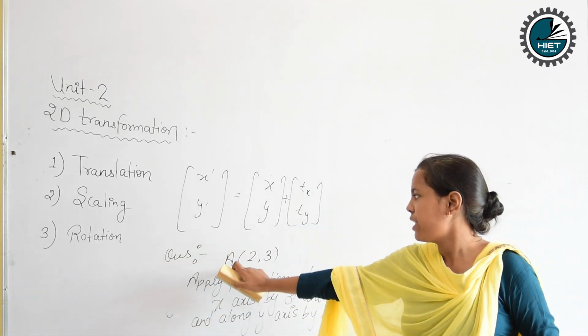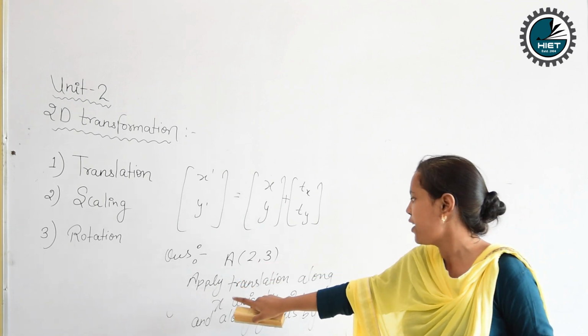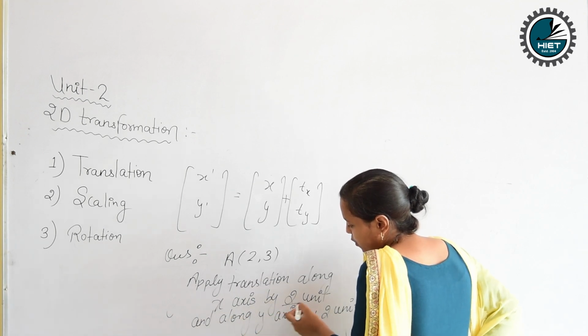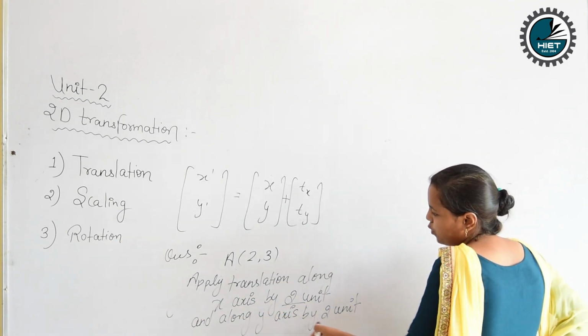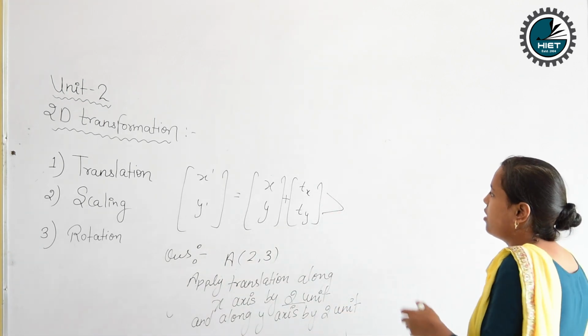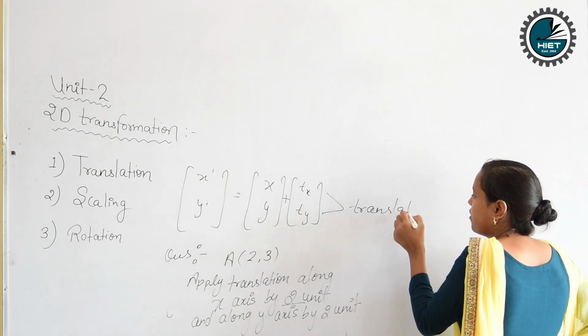So focus on that. The point has an old coordinate 2, 3, and we also have the translation factor: 2 units along the x-axis and 2 units along the y-axis. Tx and Ty are what? This is called the translation factor.